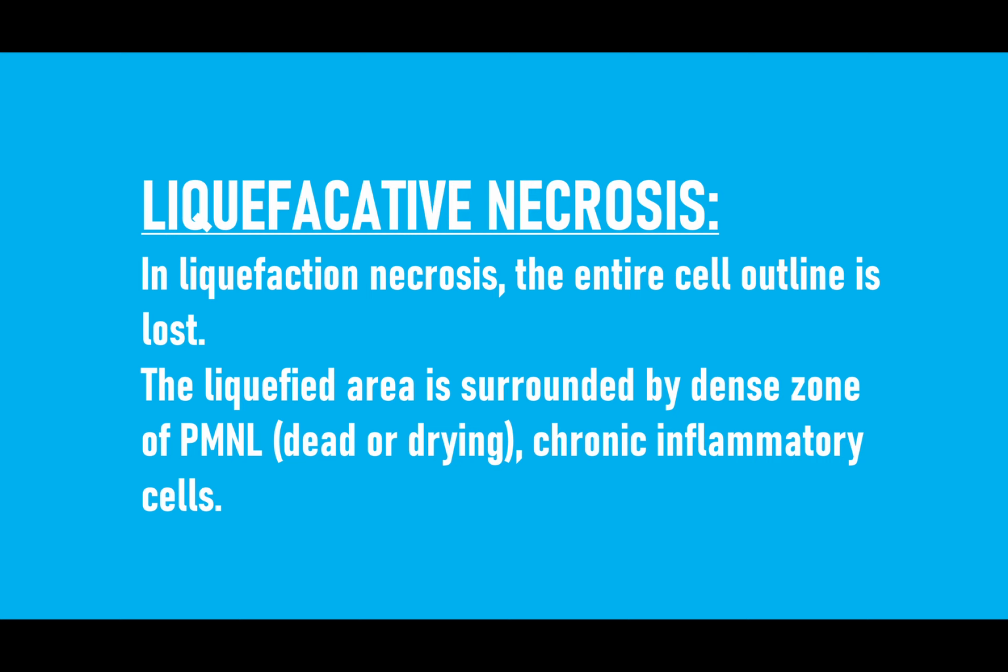So we can say that the difference between coagulative and liquefactive necrosis is that in coagulative necrosis the cell outline is preserved, but in liquefactive necrosis the cell outline is lost. Both these types of necrosis can happen in pulp. So necrosis of pulp can be either liquefactive necrosis or coagulative necrosis.